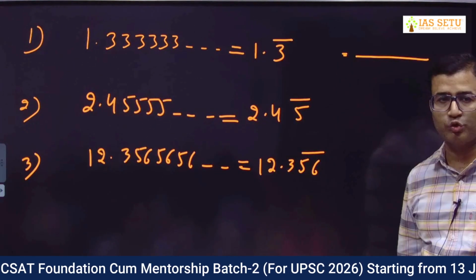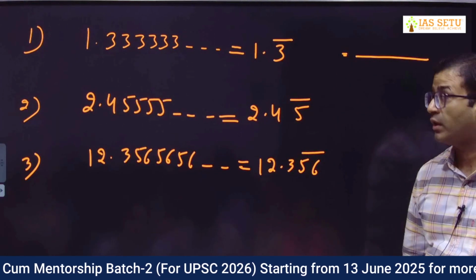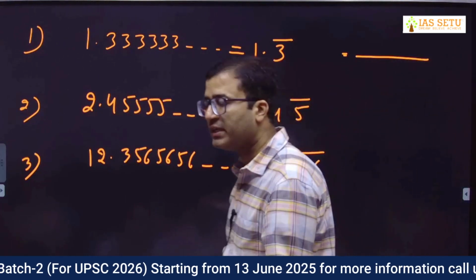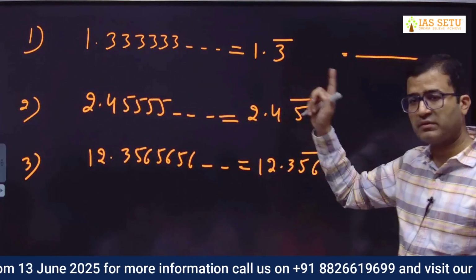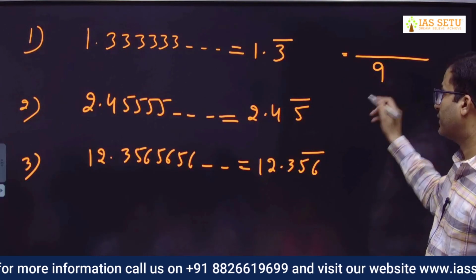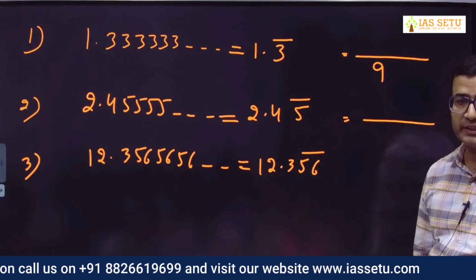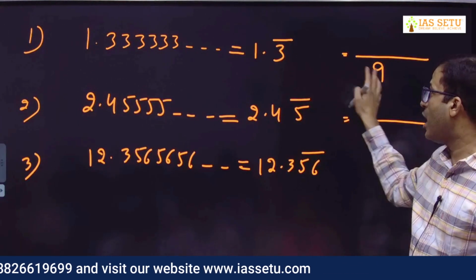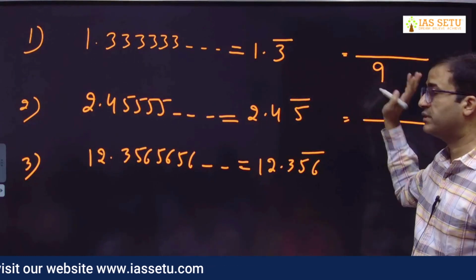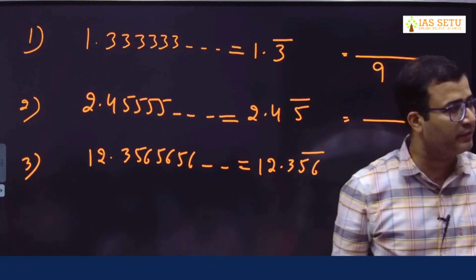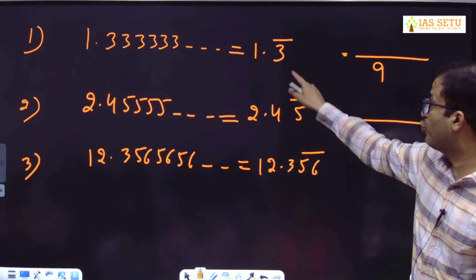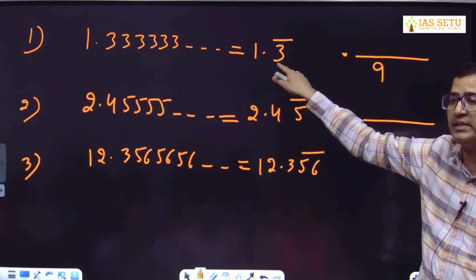But denominator we have 2 rules, 9 and 0. As many 9s as many digits under the bar. Tell me how many digits in the bar? 1, so 1 nine. How many 0s? As many digits between decimal and recurring part. So do we have any digit here between decimal and recurring part?